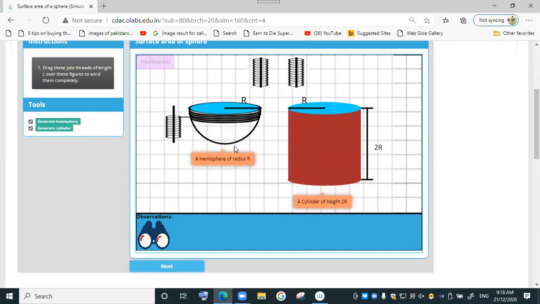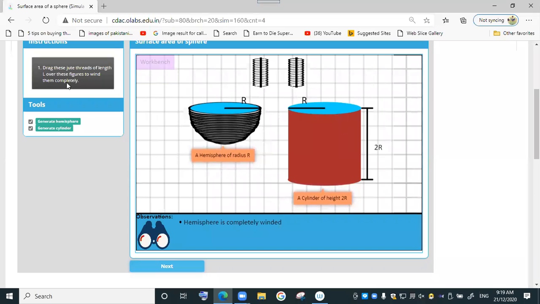We can wind the thread like this, or if we have solid figures we can use wire also, but a thread of larger diameter makes it easier. Every thread here has the same length L. The first one we wind on the surface of the hemisphere.